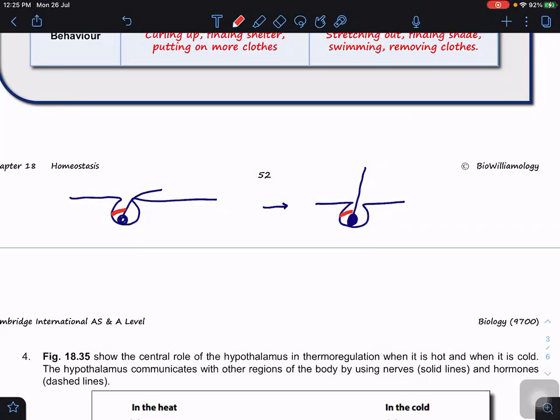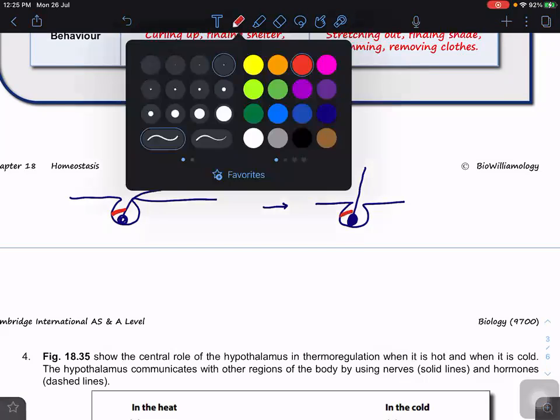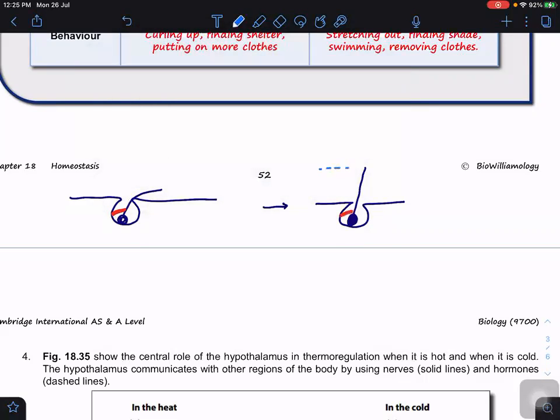So when this contraction takes place, what will happen? You can see that now at this area, not one hair, many hairs are going to trap a layer of air. So when it traps a layer of air, it forms an insulator layer. Are you clear? It forms an insulator or insulation layer here.